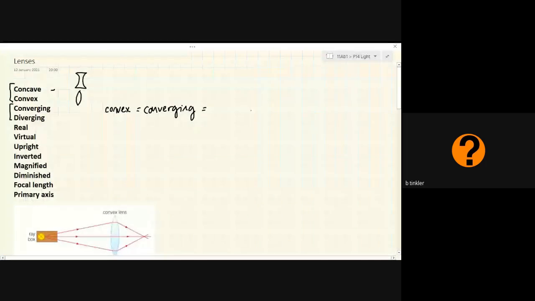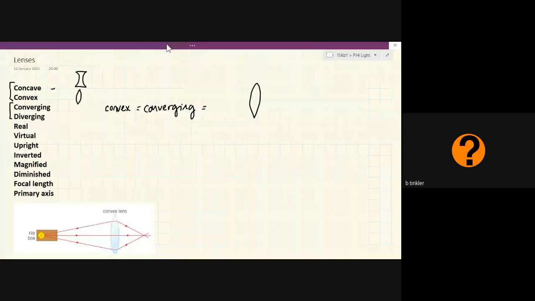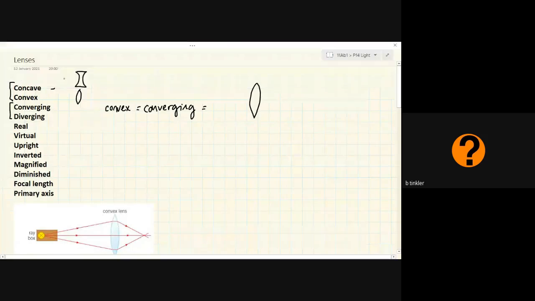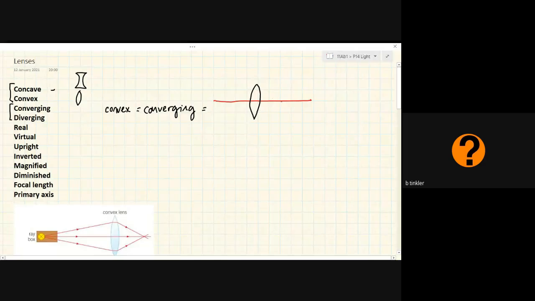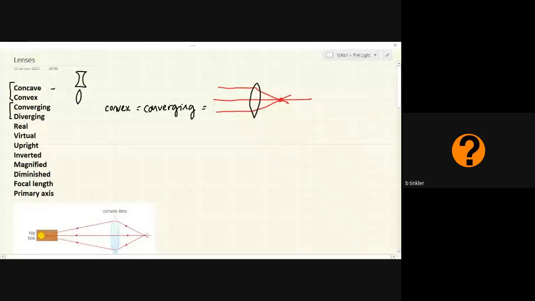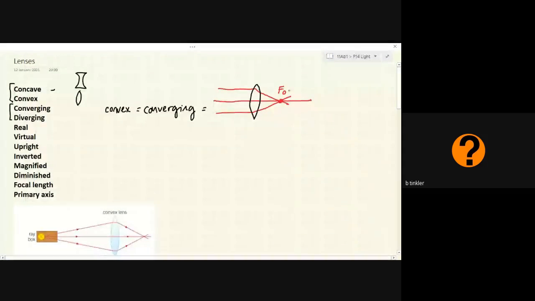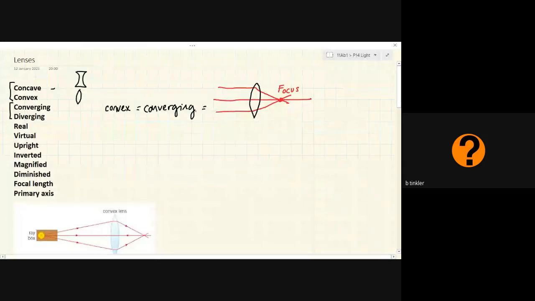So if we go into, and some of you will have done this already when we looked at light before, if we took our convex lens and we shone light through it, then the lens would have the effect of bringing that light to a point like this. Okay, we'd say there's a principal focus for this lens.